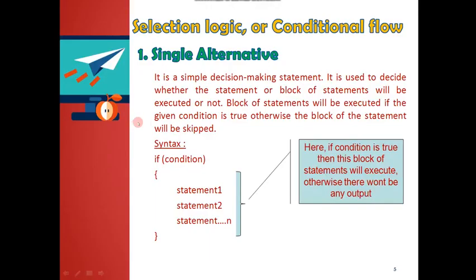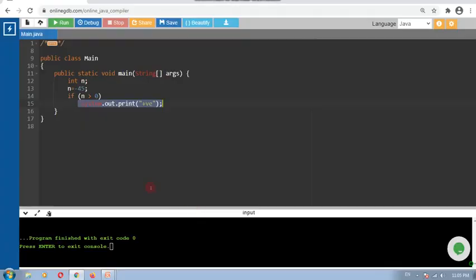Let's go to the theory. Here in theory we have seen that if the condition is true, then all this will execute. Here many statements were written. Here only one statement is written. Suppose I make many statements. In this case I have to keep a bracket, like the syntax.